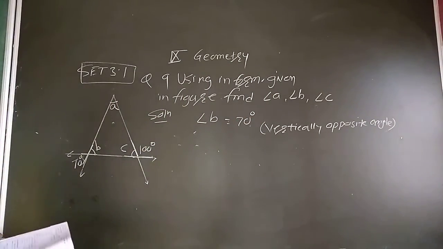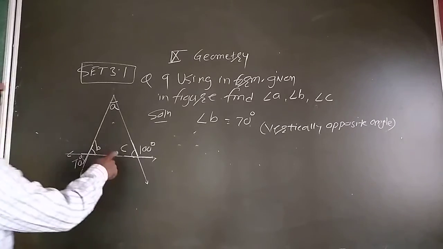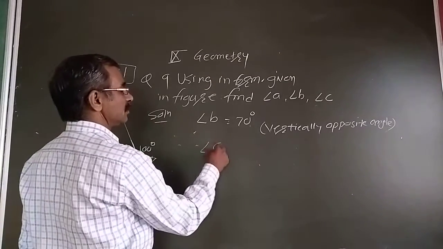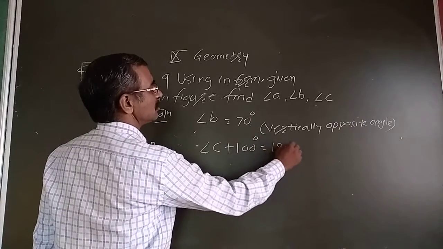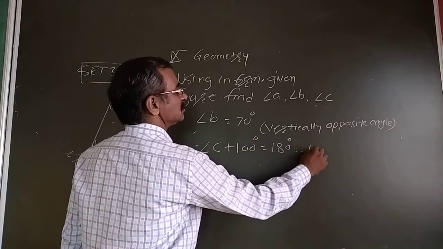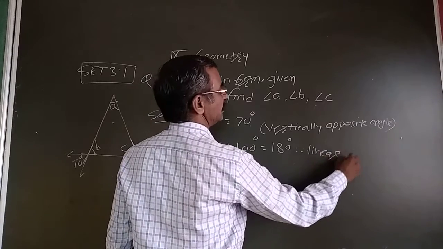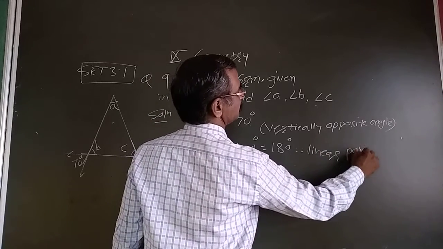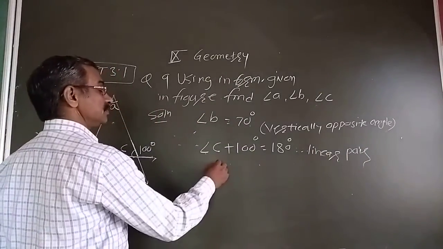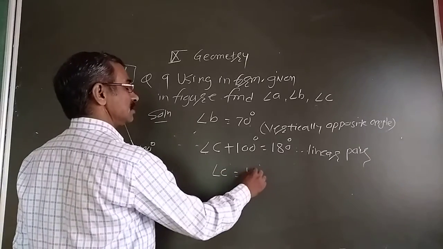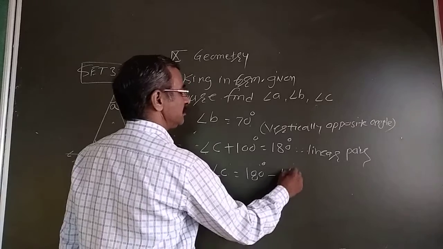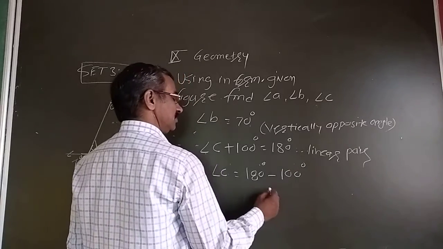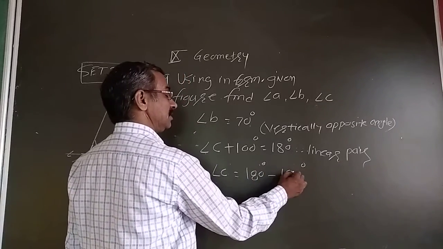Then angle C and 100 degree. It is a linear pair, and the sum of the angles of a linear pair is 180 degree. So by transposing 100 to the right hand side, it becomes subtracted.